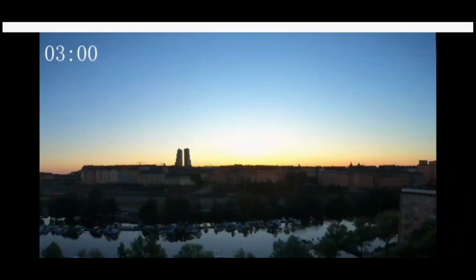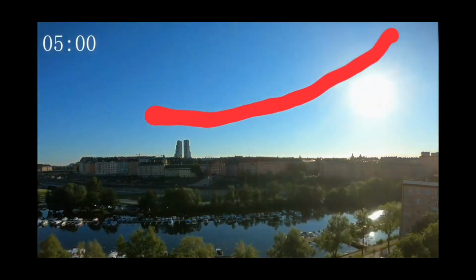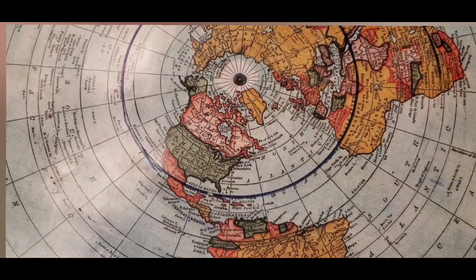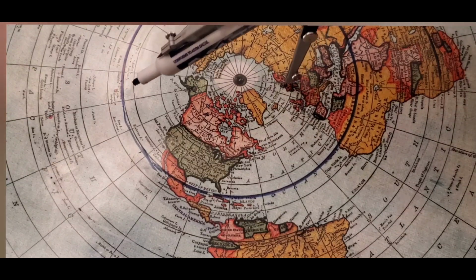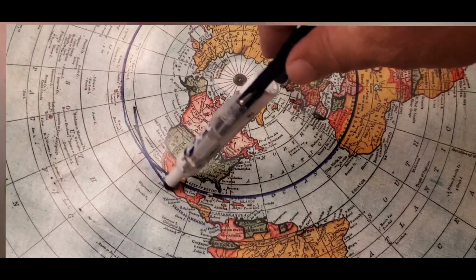Let's take a look at it again a little faster. Watch it sweep around. That's awesome. Okay, let's check out a sunset from Norway. So here's the path of the sun, and here's Norway, and here's our radius of view.